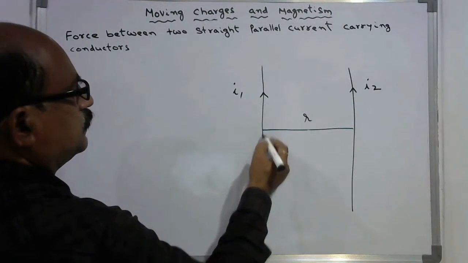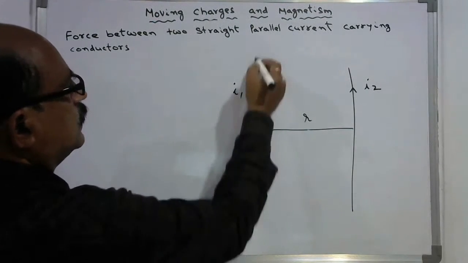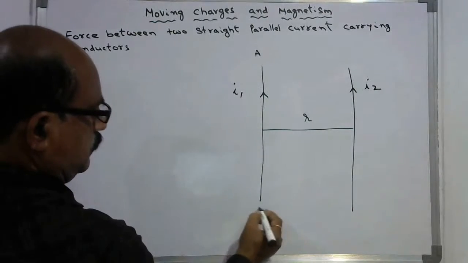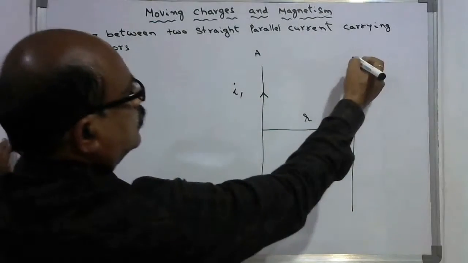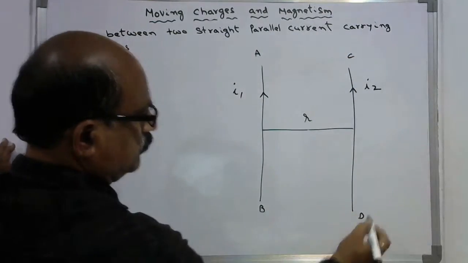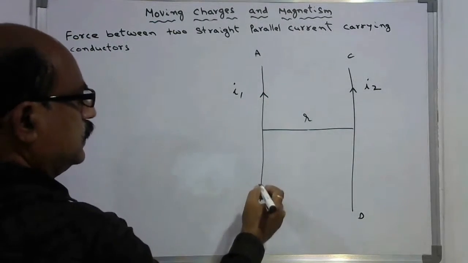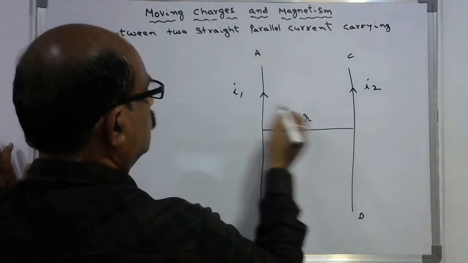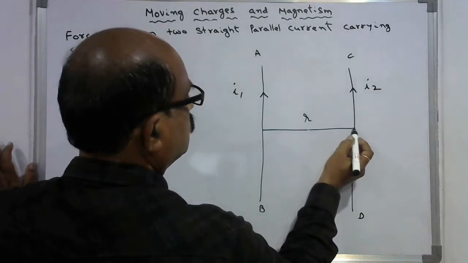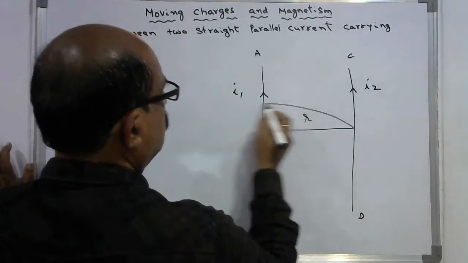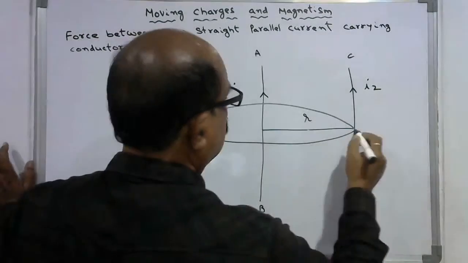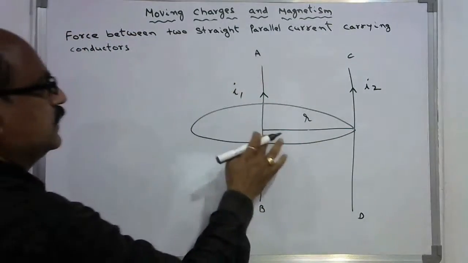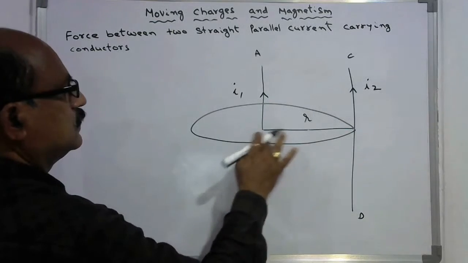I write here this is conductor AB, and this is conductor CD. In AB, as the current is passing through it, it will produce a magnetic field around it.